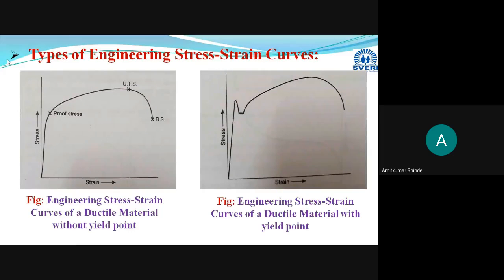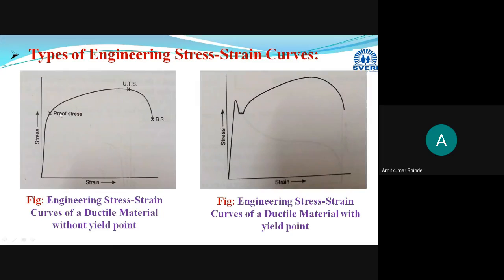Sorry for the disturbance. Okay, some problem is there. I will explain it again. The ductile material is the first curve without yield point, and this is the curve with yield point. Already I have explained the meaning of proportional stress, elastic stress, and proof stress. Above this value of stress, the material will show permanent deformation.